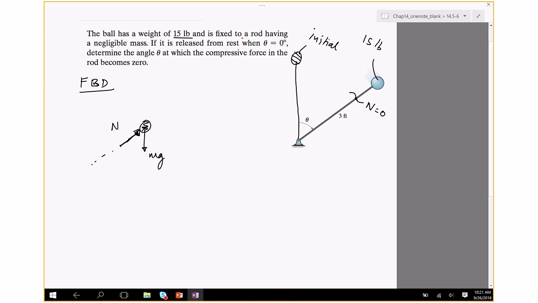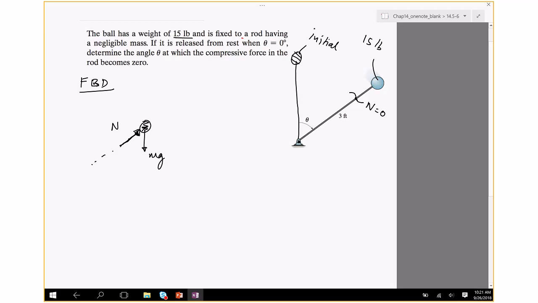This is not a string, it is basically a rod, which means that the force is not going to be in this direction. It has to be in the upward direction, otherwise it doesn't make sense to have the force in towards the center of the rod, or towards the pin joint.